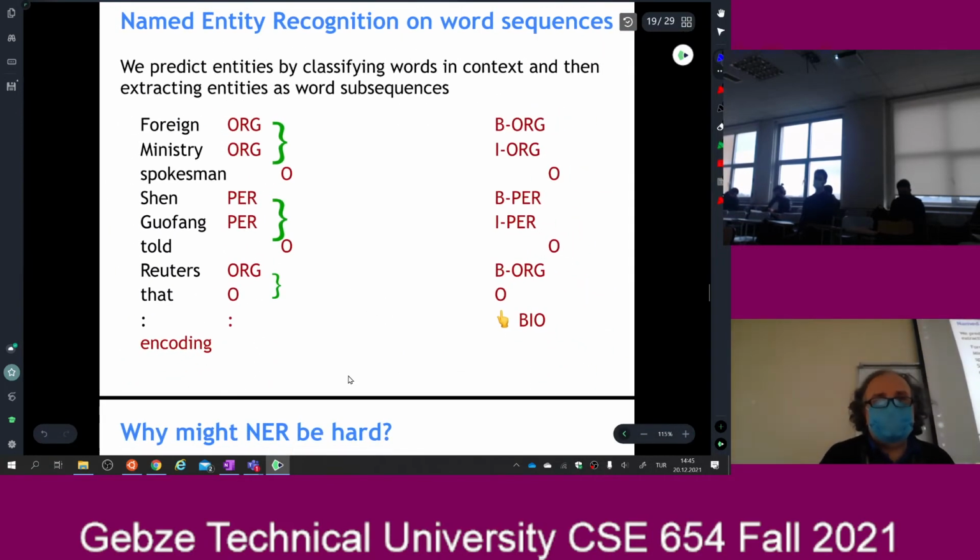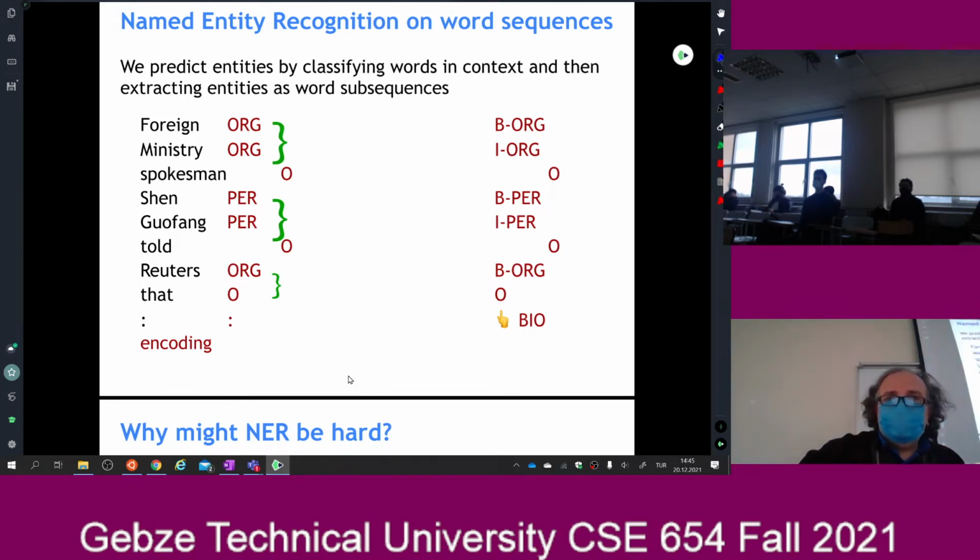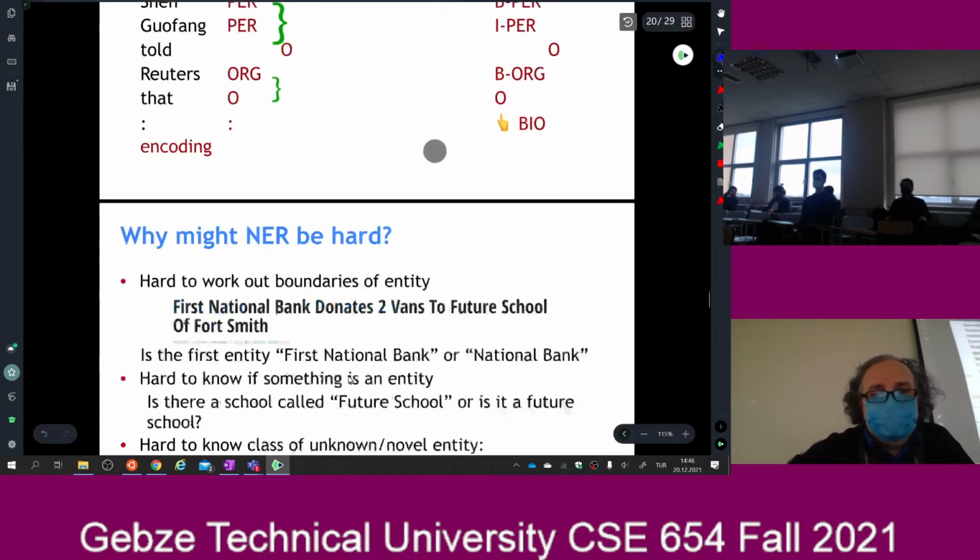This is one example: Foreign Ministry spokesman Shen Gaofan told Reuters that, etc. So foreign ministry is an organization, Shen Gaofan is a person. This O means other, and Reuters is an organization. By the way, this is not a separate organization keyword; this is the beginning of an organization that continues. The beginning of a person continues, etc. That's how they do it.